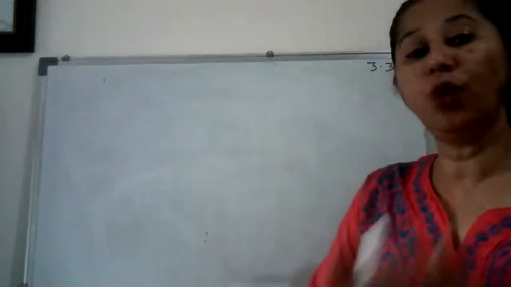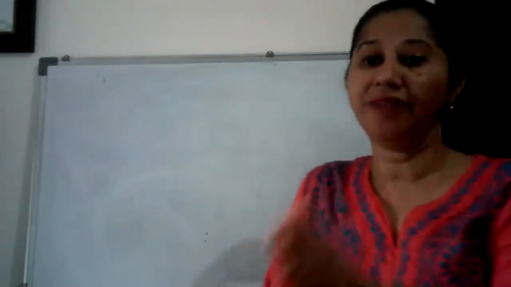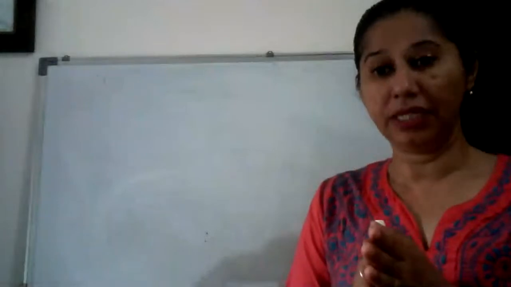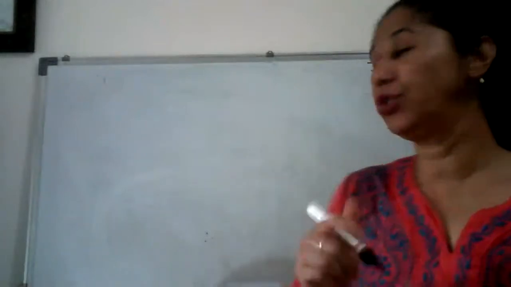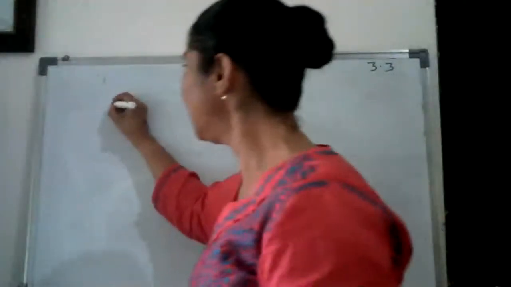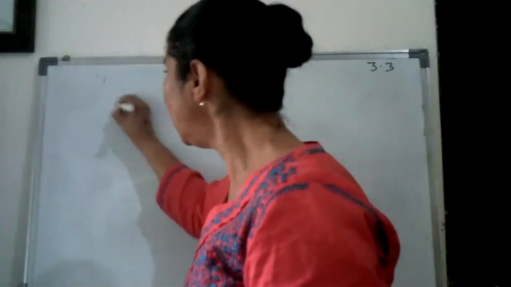Okay, and now we move on to the factor and factorization. Now, when we talk about the factors and factorization, two different things are there. So kindly pay attention and don't get confused with the two concepts. When I say factorize, say example is 32.